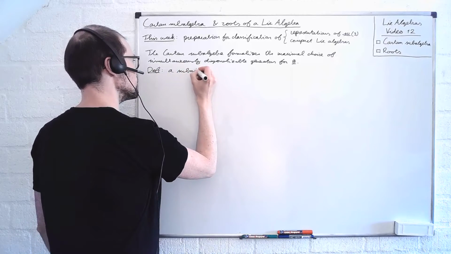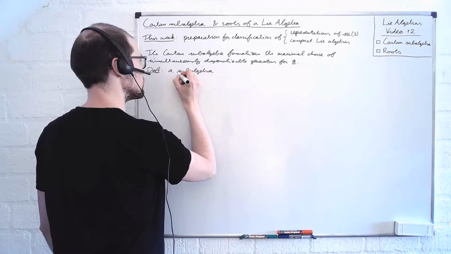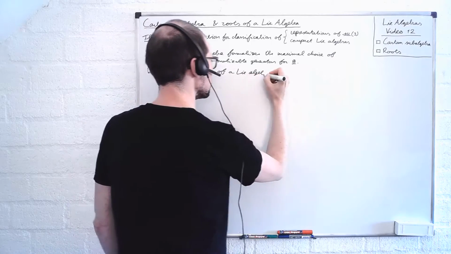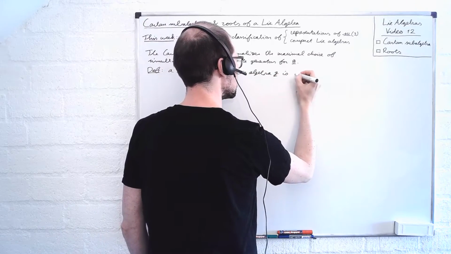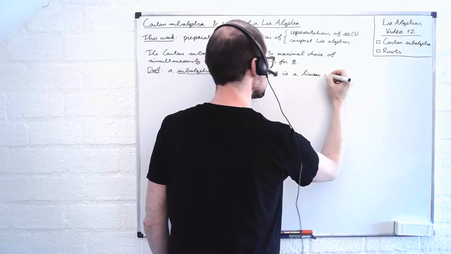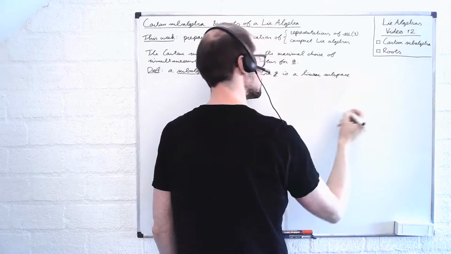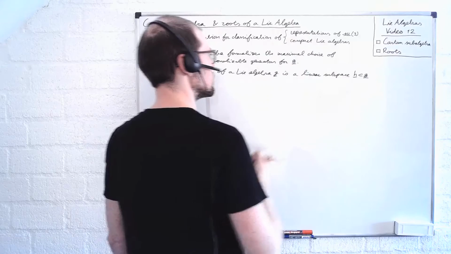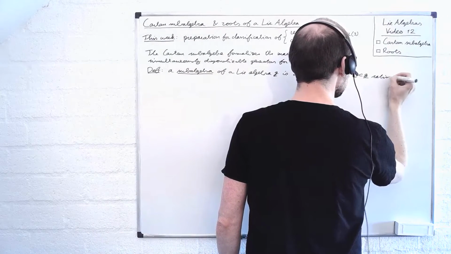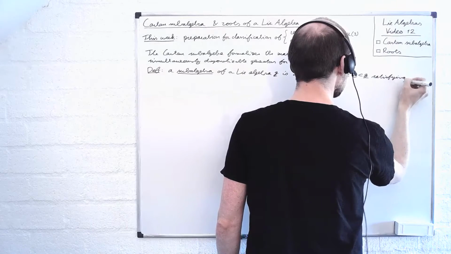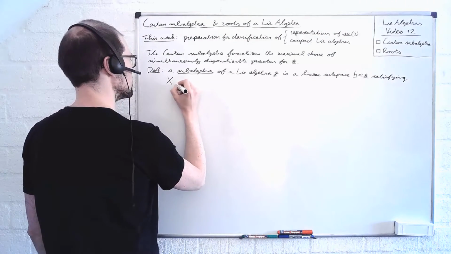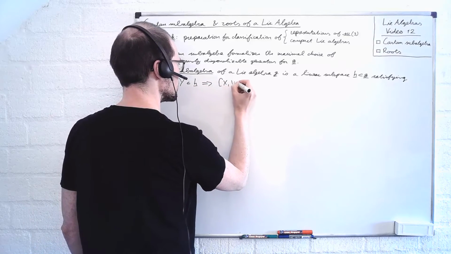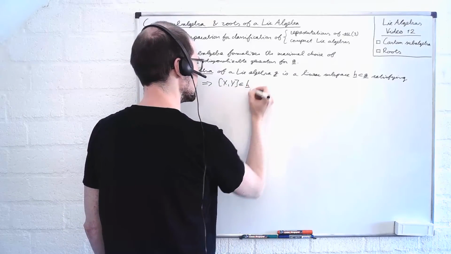A subalgebra of a Lie algebra G is a linear subspace, denoted by H of G, that satisfies that if you take two elements in the subspace, the Lie bracket of these elements is again in the subspace.